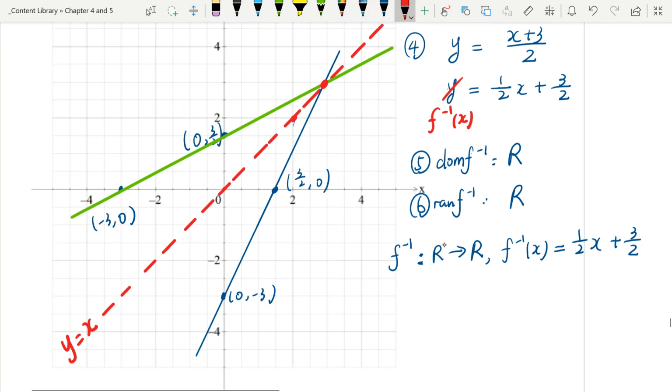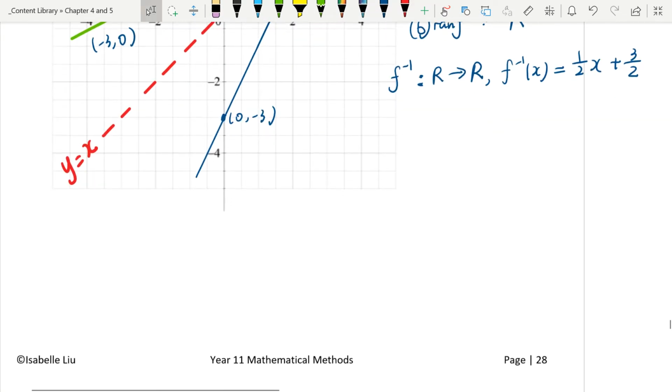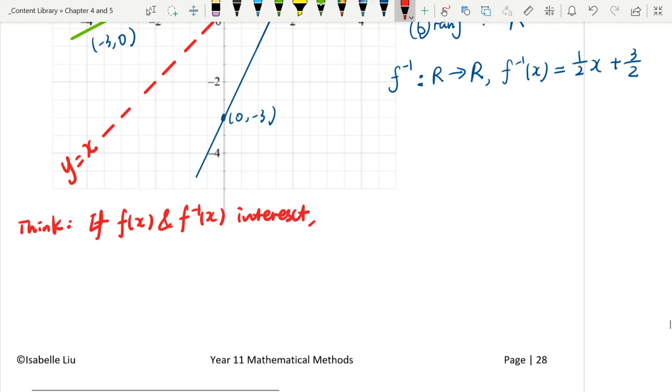So that's why they must intersect. I give you a question to think about. Okay, this is a really hard question, and this is more of a year 12 level question. Just think, if f(x) and f inverse x intersect, the intersection or the intersections will only exist on y equals x.